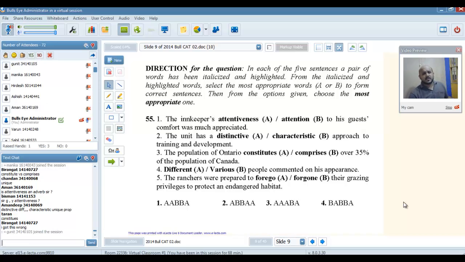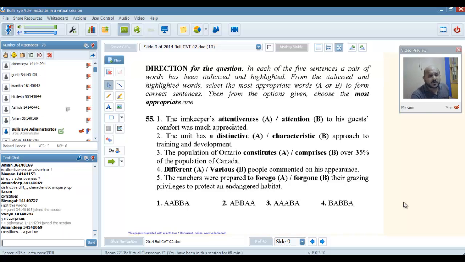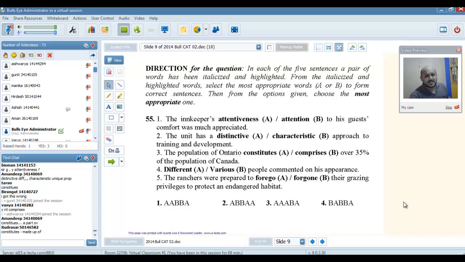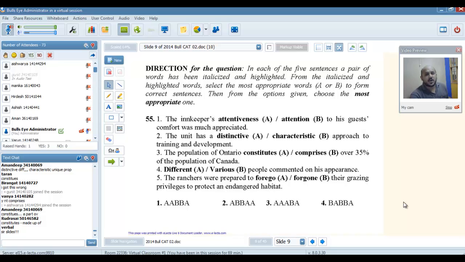I'll not explain 4 and 5. I'll only explain statement number 3. What is the difference between constitutes and comprises? The population of Ontario constitutes / comprises over 35% of the population of Canada. What are we talking about in the second half?